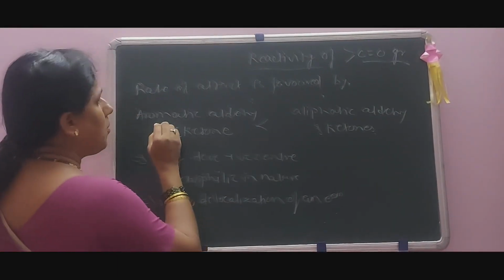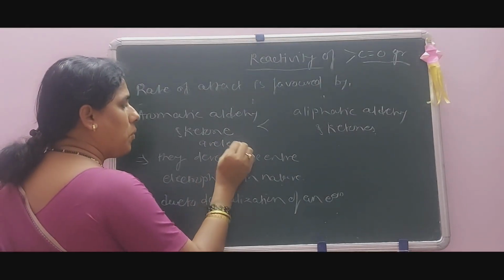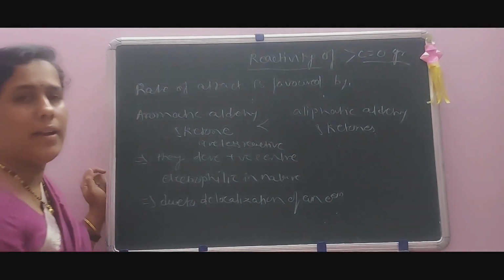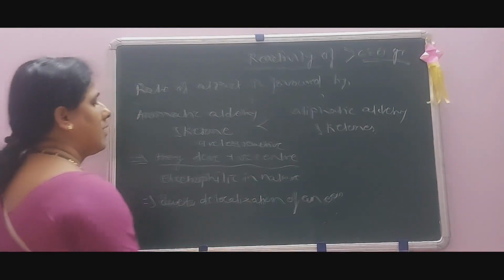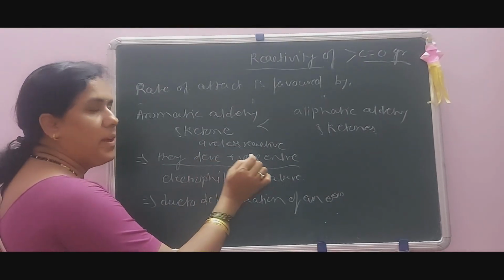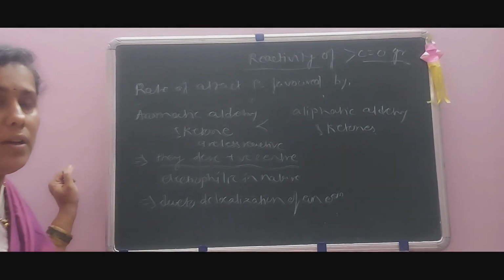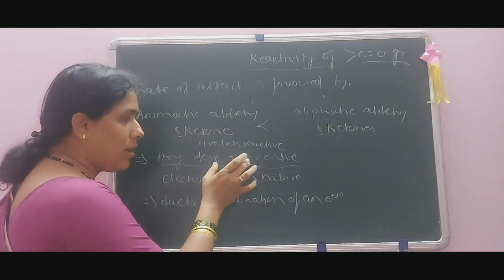That is, aromatic aldehydes and ketones are less reactive than the aliphatic aldehydes and ketones. Why? Because they develop the positive charge towards them due to the electron donating species.